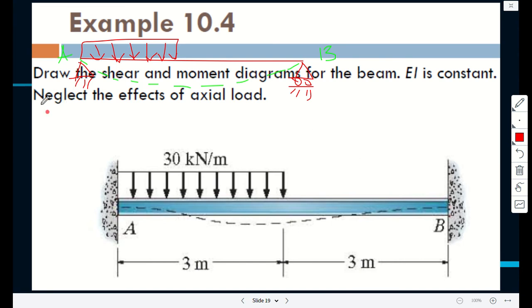Such that this is the theta A there. Of course, theta A, if you draw some nice tangent there, and also draw another tangent there, you have theta B.